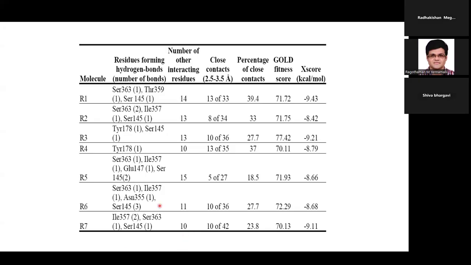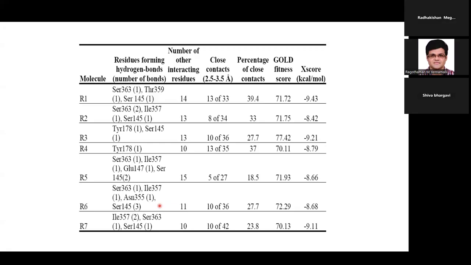Okay, so how do we know, without looking at the molecule, if two molecules have similar orientation or conformation? The easiest way is to find out what hydrogen bonds it is forming, what the close contacts are, and how much of those close contacts are conserved in nature.